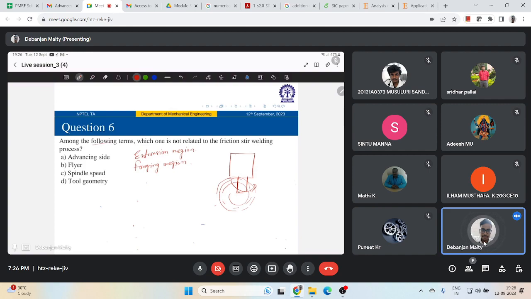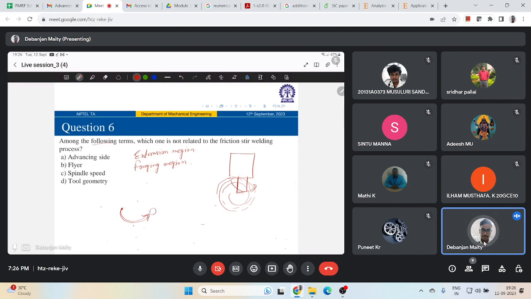If you are thinking in terms of 3D, right? So when the material is, let's say, here my material initially was there, and the material is getting flown over here.